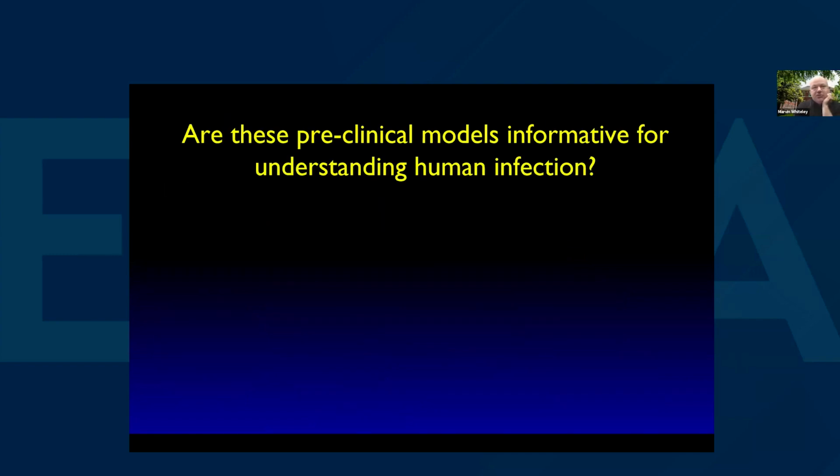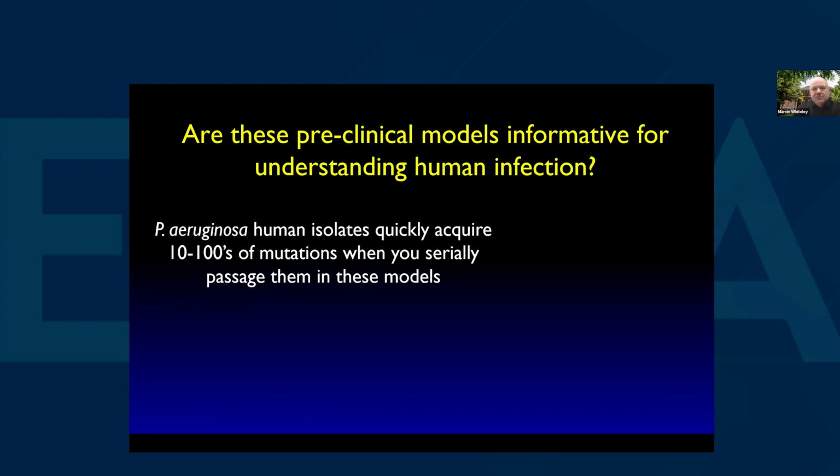And the reason I started worrying about this was a couple of things. One is what we found if we took a strain of Pseudomonas, let's say, out of a human, maybe from a human wound, and then grew it in the lab. What we knew when we sequenced it was that it very quickly acquired tens to hundreds of mutations when you passage it in the lab. And you all know this, right?